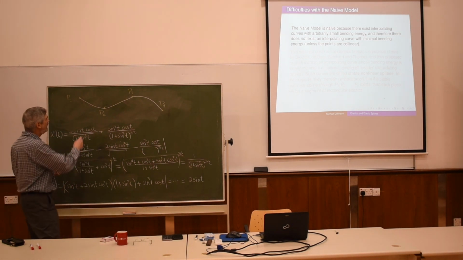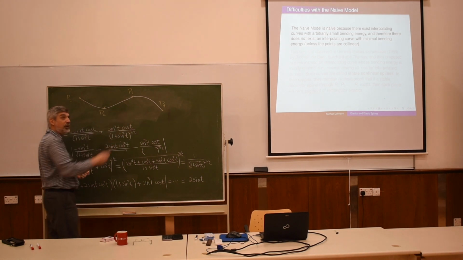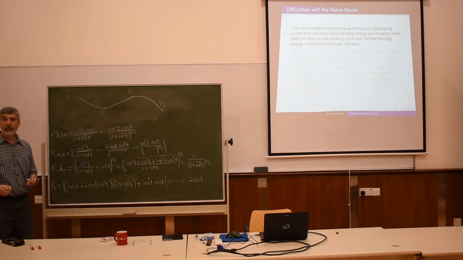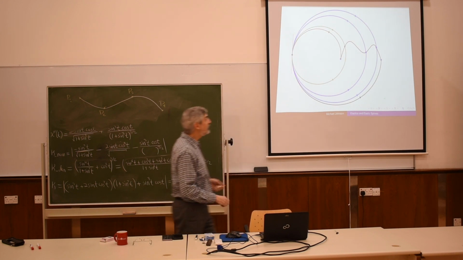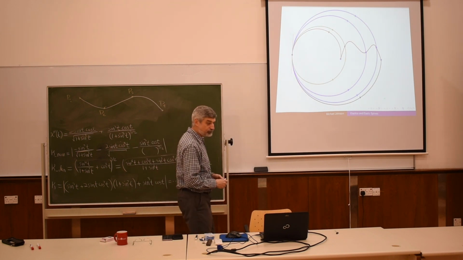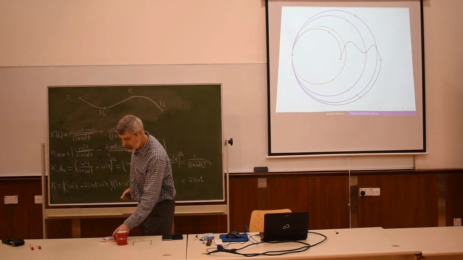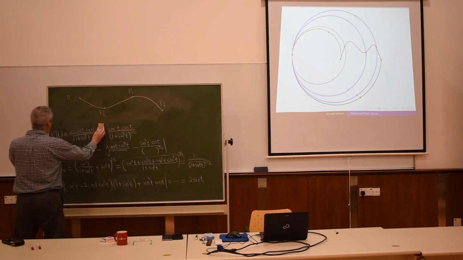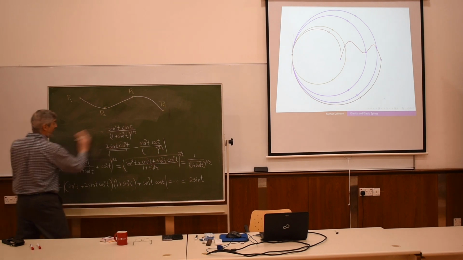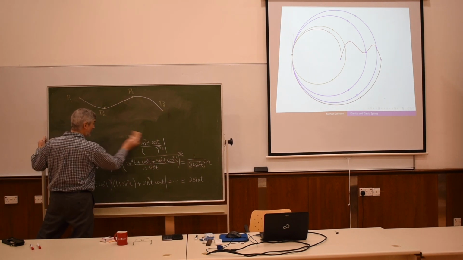How would you pass a curve through here with nearly zero bending energy? Hard to imagine. But it's possible. But it's in a way that you would never think of. So, okay, we have to do a little calculation. I promise, we'll get this one all the way to the end.